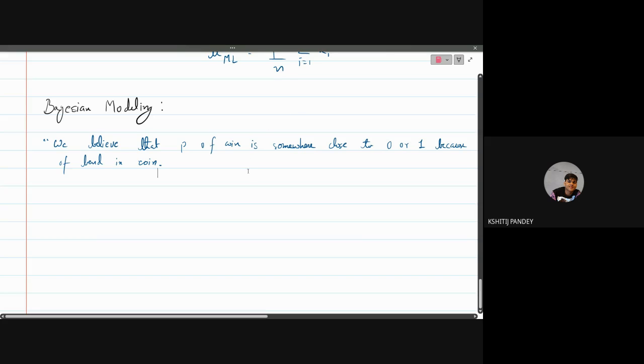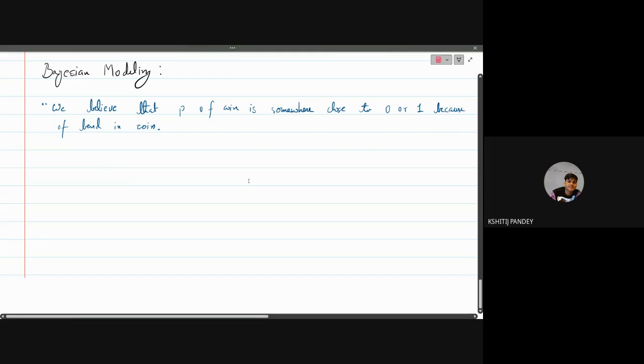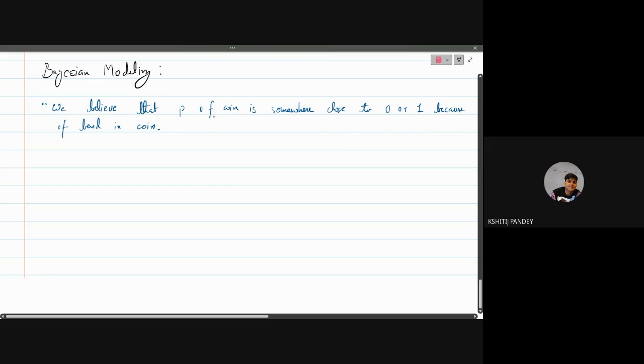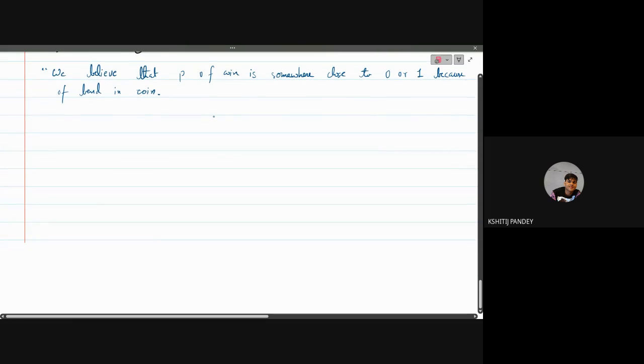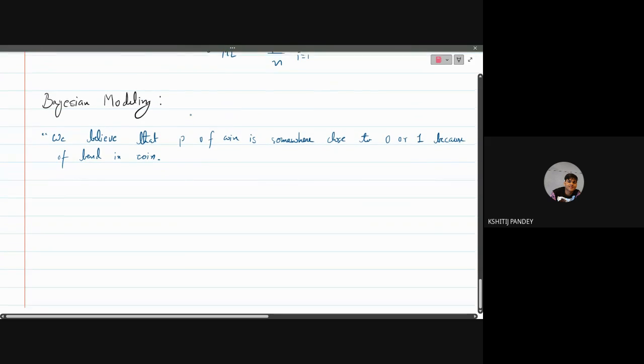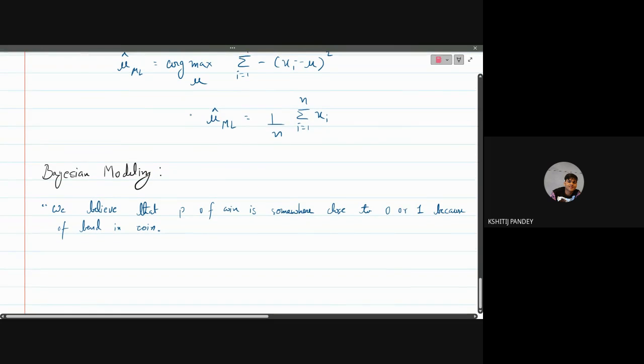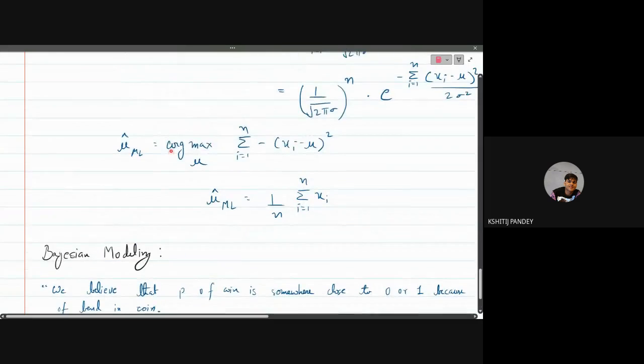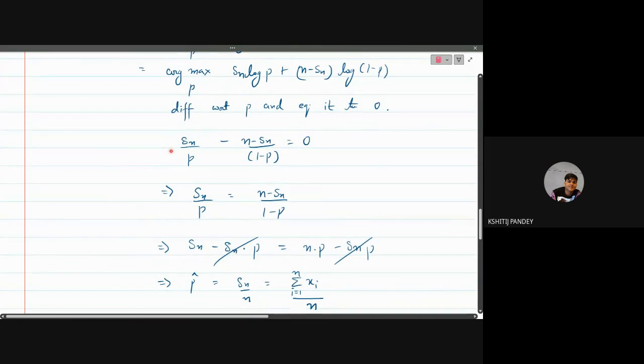So, what we said, the value of p is somewhere close to 0 or 1. Because of this, we believe that the p here, and one important thing that I forgot to mention, in Bayesian modeling, the p, the unknown parameter, is considered to be a random variable, whereas in likelihood estimation, it is considered to be a constant.